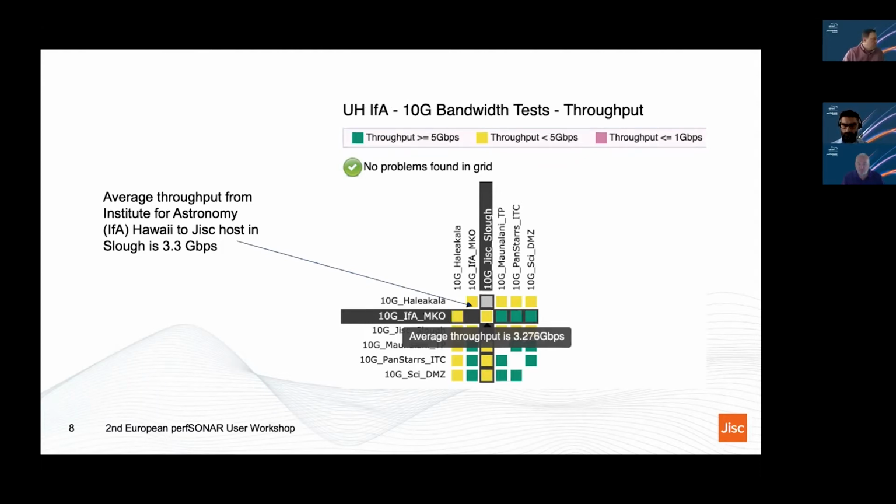So I've pointed here to one measurement in the intersection, and it shows that typical throughput from the Institute for Astronomy, IFA in Hawaii, to the Jisc host is about 3.3 gigabits a second. So that's quite good, I think, considering the distance. And at least the Slough host has jumbo frames. I forget whether the Hawaii perfSONAR hosts do as well.